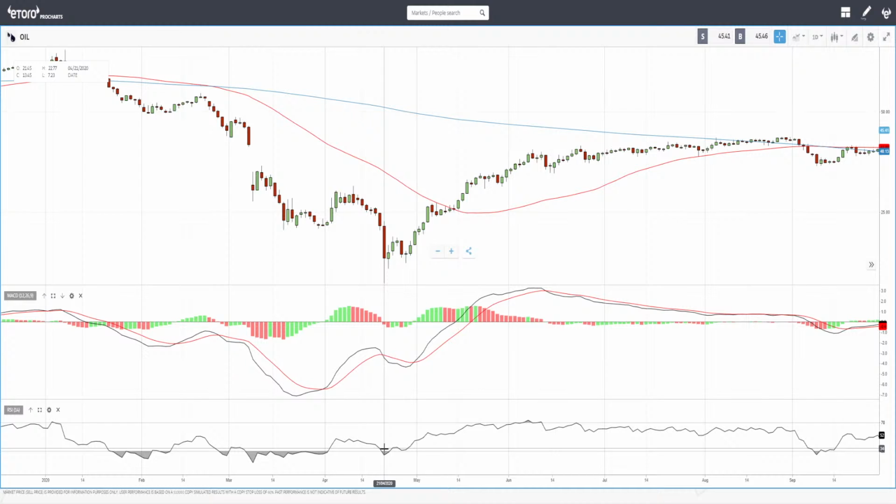So this is a really good example of where you can use the MACD and where you can use the RSI. So the MACD is lagging a few days here, but the RSI is showing that we are in an area of oversold.